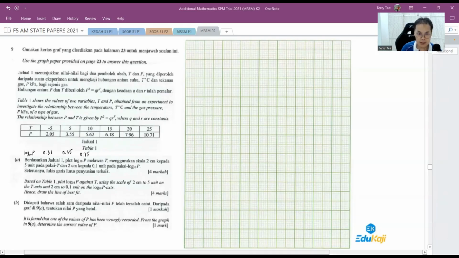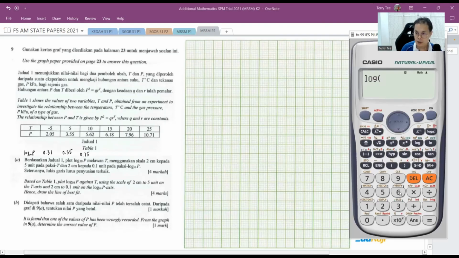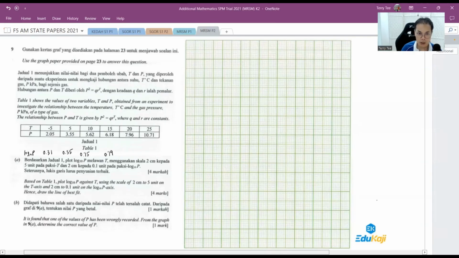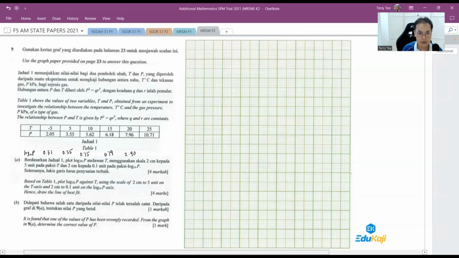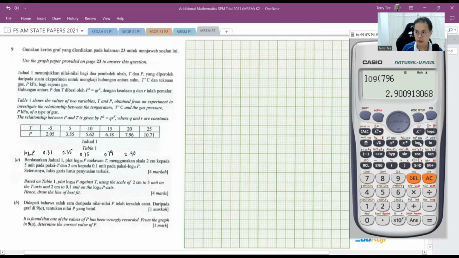Okay, next, let's take logarithm of 6.18, 0.79. Okay, let's take logarithm of 7.96. I will get 2.9. This is 0.90. And lastly, logarithm of 10.71. I got 1.03. Yeah, 2 decimal point will do.